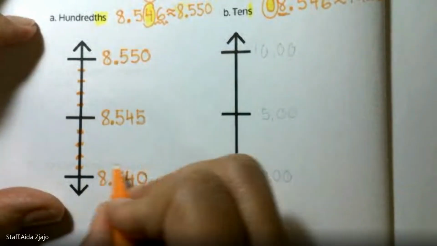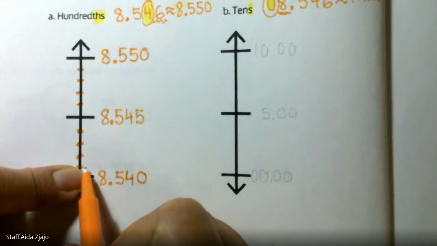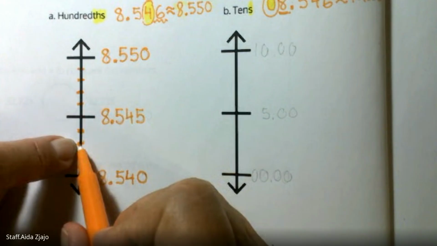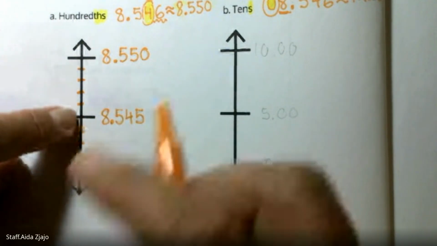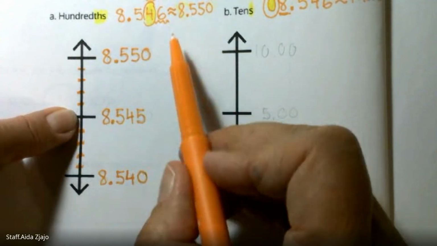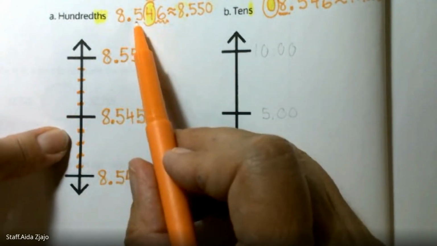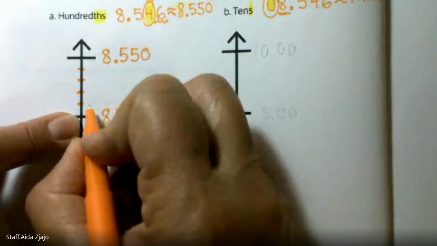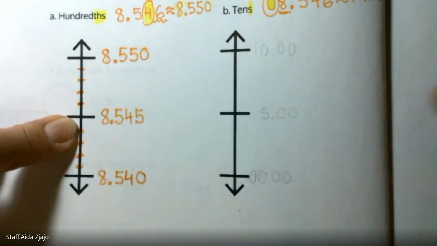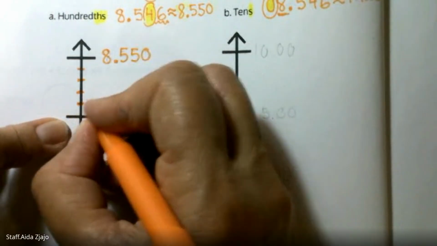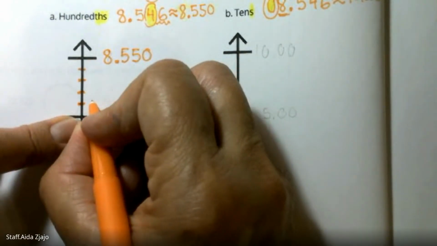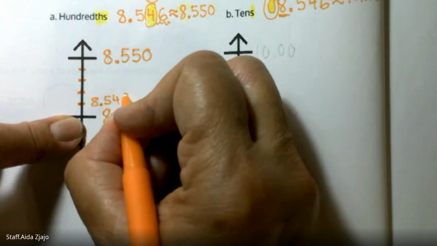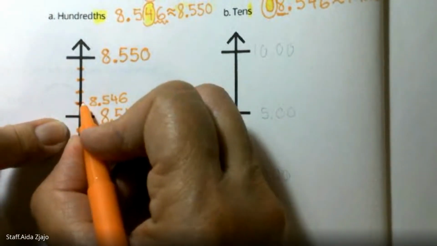In between, we can write 8 and 541, 542, 543, 544, 545. My number is 8 and 546. So right here is 545, and this one here is our number. It is 8 and 546. So it's right here.